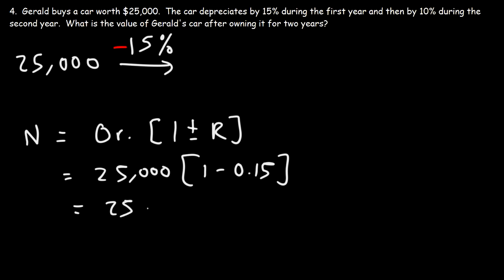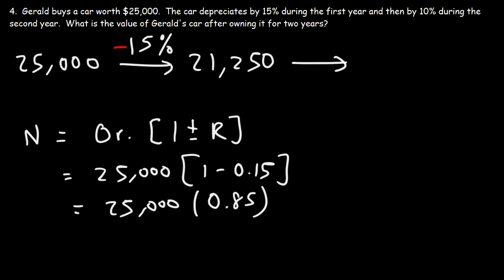So this is going to be 25,000 times 0.85. So if we're decreasing 25,000 by 15%, we're basically calculating 85% of 25,000 because 100% represents the whole 25,000. So 85% of 25,000, or 25,000 times 0.85, that's 21,250. So that's going to be the value of the car after the first year.